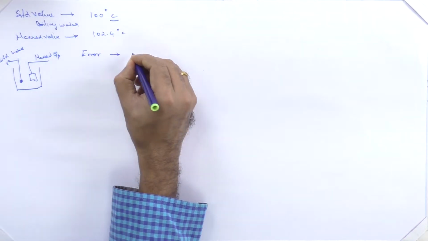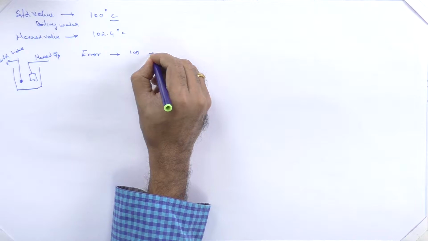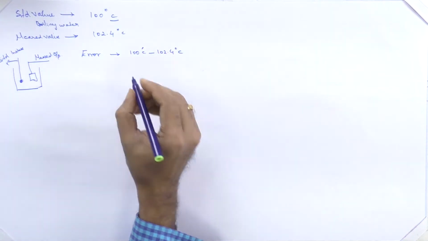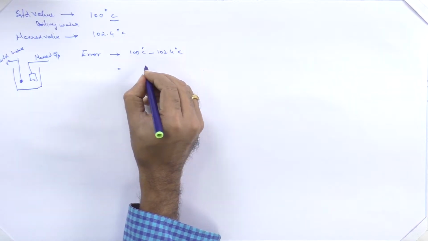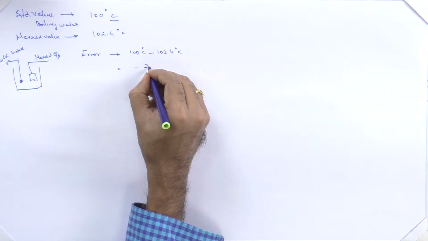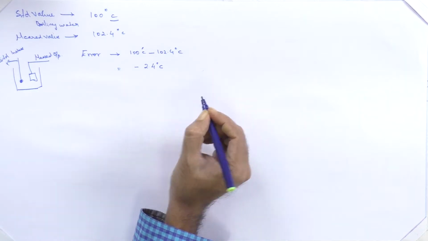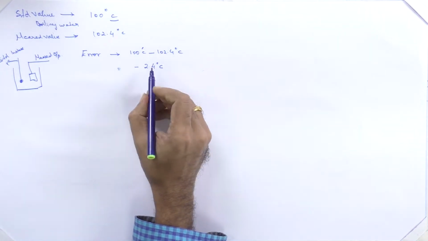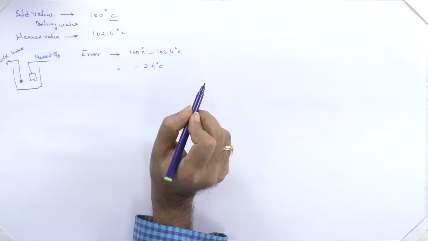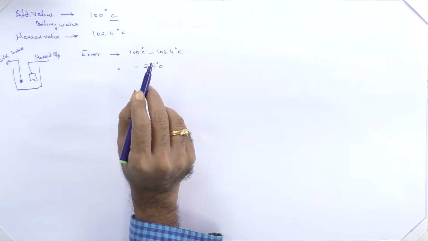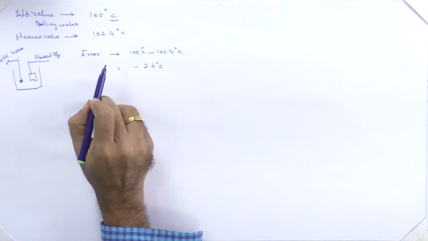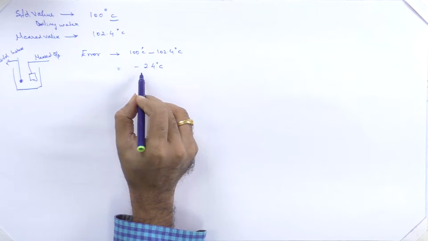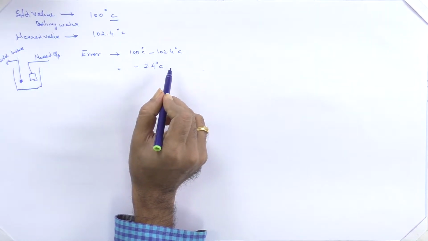Error is what? 100 degree minus 102.4 degree centigrade. So the value is equal to minus 2.4 degree Celsius. So it is deviating around 2.4 degree centigrade from the true or standard value. This measured value has an error of minus 2.4 degree centigrade.